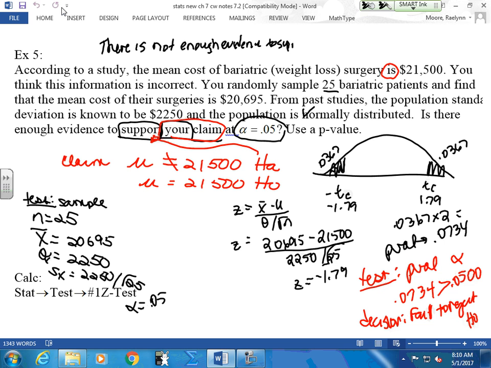To support, this is important, it's got the support word in here, of the claim that the cost of bariatric surgery is different from, or is not equal to, if you want to put not equal to in there, that's fine too.